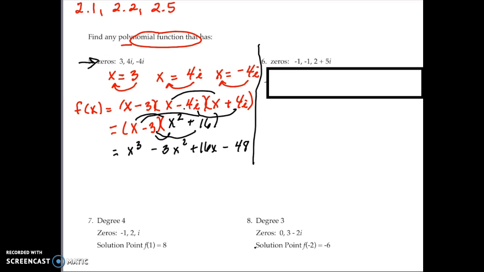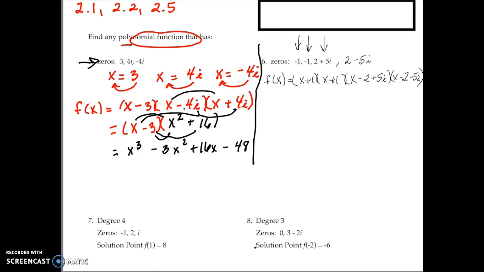Okay, so I have 1, 2, 3, 4 zeros. I know we only see 3 zeros, but recall that zeros that are complex come in conjugate pairs. So in addition to 2 plus 5i, we should have a zero of 2 minus 5i. So let's check to see what your linear factors look like.